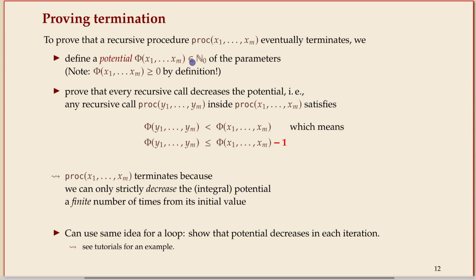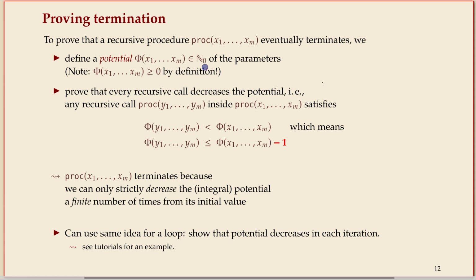And how exactly that works doesn't really matter so much. You'll have to pick a concrete example, and you will do that in the tutorials next week, on how to make sense of how the parameters turn into a number. Abstractly speaking, the potential is some function that gives you a natural number back for every set of possible parameters for the procedure.